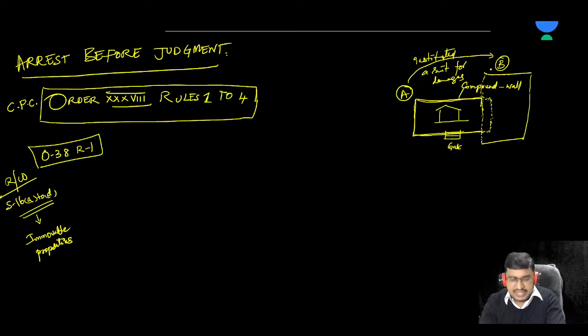Now, in this case, if Mr. B intends to delay the plaintiff, or to avoid the process of the court, or to obstruct or delay the execution of the decree that may be passed against him, these were the ultimate intentions of Mr. B, friends.